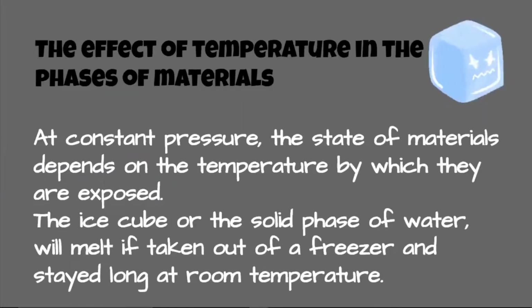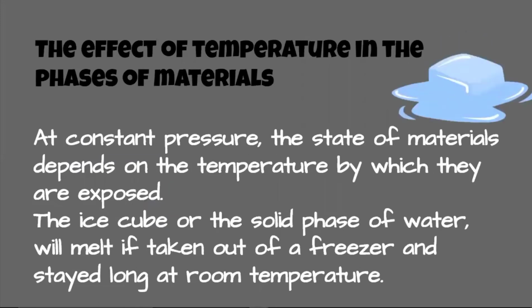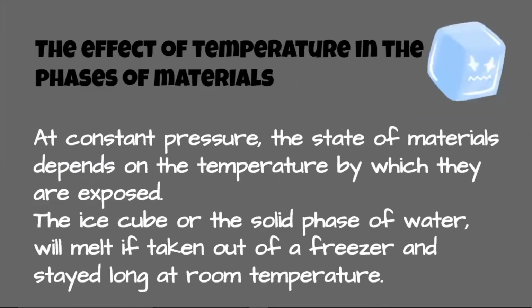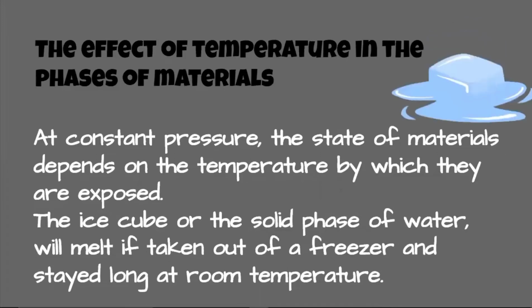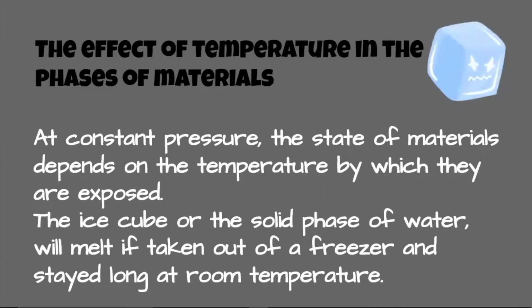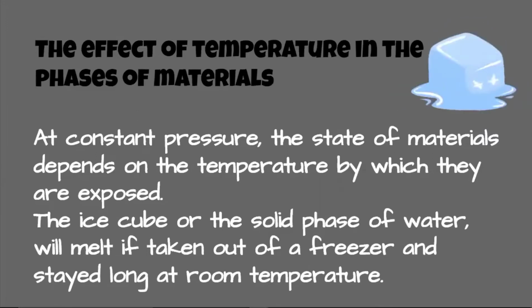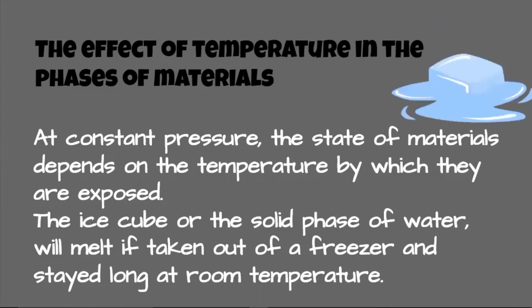At constant pressure, the state of materials depends on the temperature to which they are exposed. The ice cube, or the solid phase of water, will melt if taken out of a freezer and left for a long time at room temperature.